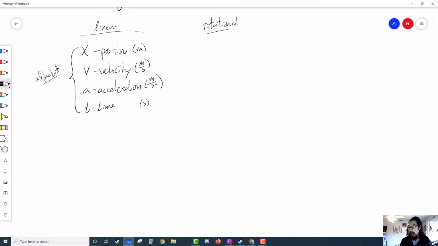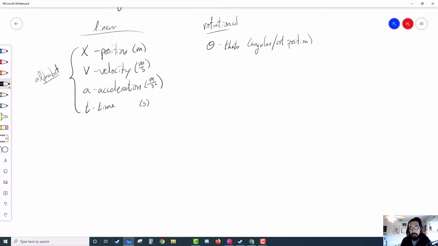So instead of x for position, we're going to say theta. Now I'm going to write the pronunciation as well as what it represents. This is theta. This is something that you might know because we use theta when we talk about angles, but it comes up again. So theta is the angular or rotational position, so it's where we are along the circle.